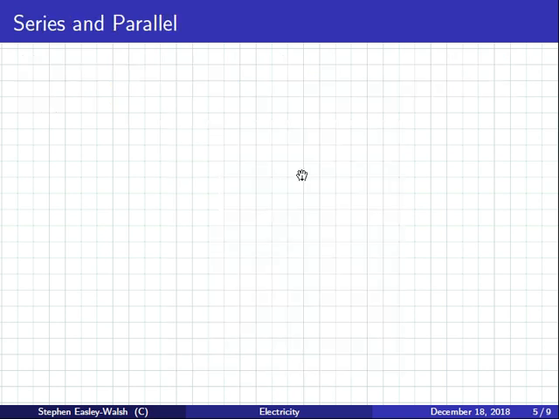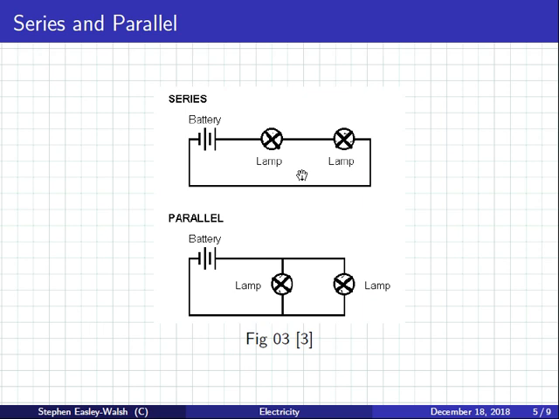Okay, so we've seen these words already. When it's like this, we say it's series, and when it's like this, we say it's parallel. Okay, so I want you to draw these two down. This is in series and this is in parallel.